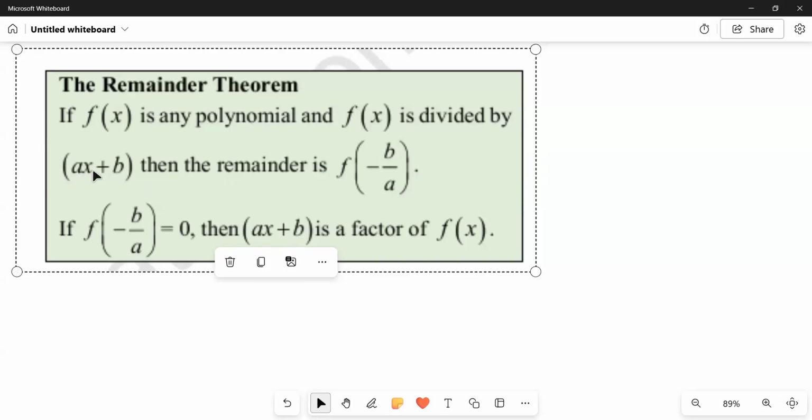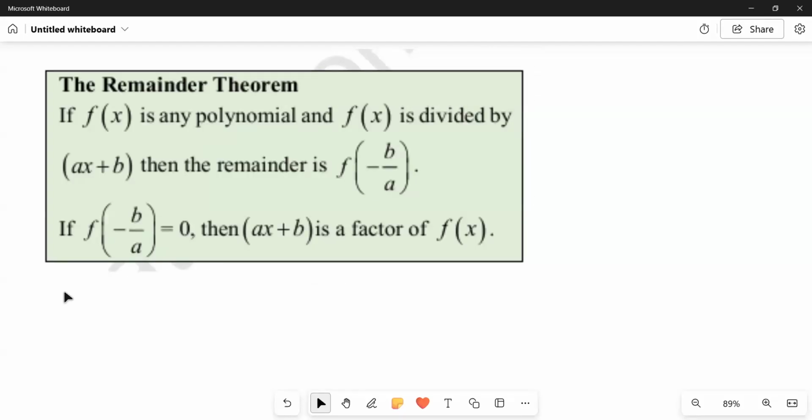So if you divide f(x) by ax plus b, the remainder is f of minus b over a. And if f of minus b over a is equal to 0, then ax plus b is a factor. So this captures the whole thing now, in one statement.